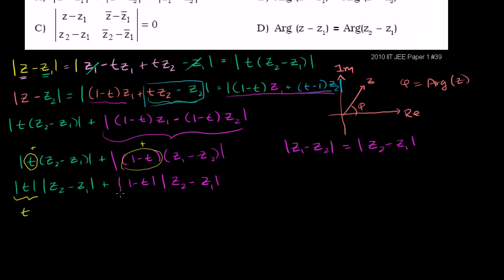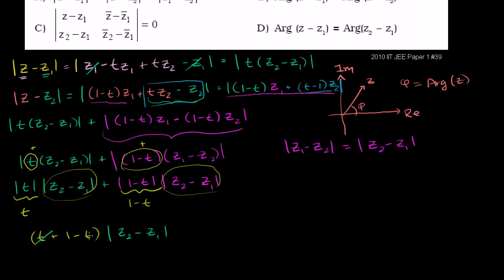The absolute value of 1 minus t is also positive, so that's just 1 minus t. So we can factor this out: we get t plus 1 minus t, times the absolute value of z2 minus z1. Now, the t's cancel out, and we just get a 1 out front. So this is just equal to the absolute value of z2 minus z1.